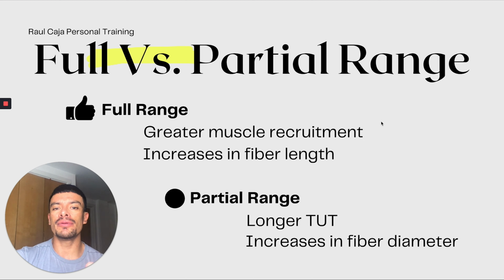Full range allows us to have greater muscle recruitment, and it's demonstrated that full range increases muscle fiber length. And partial range techniques allow you to keep your muscle under tension for longer. And it's demonstrated as well that partial range techniques help you to increase the diameter of your muscle fibers.